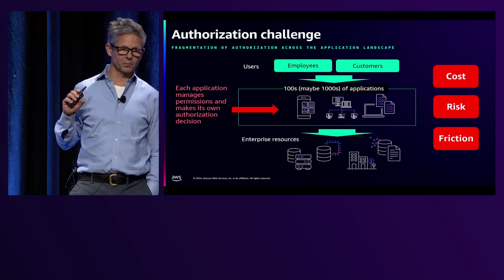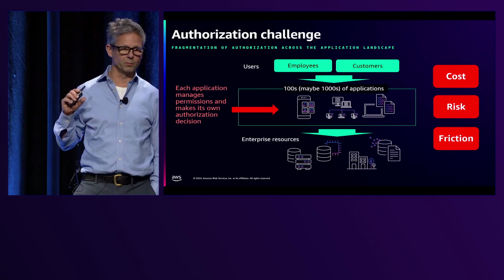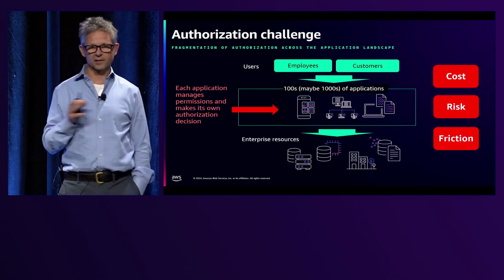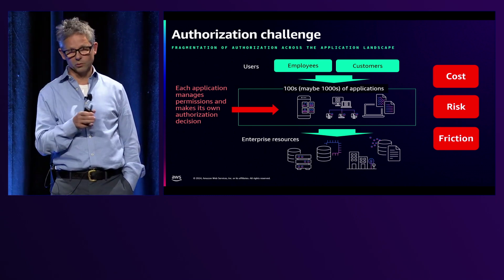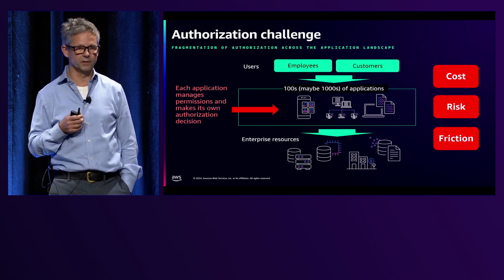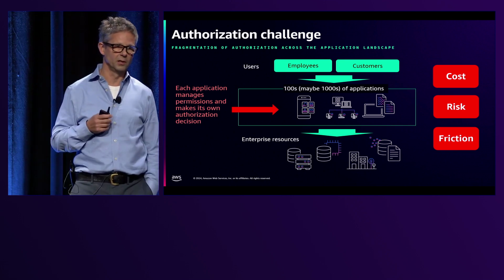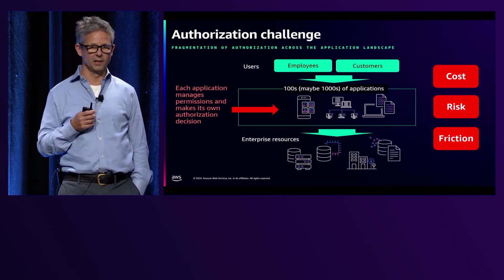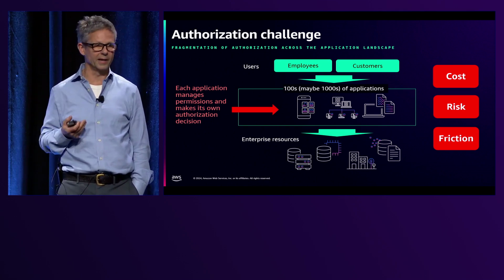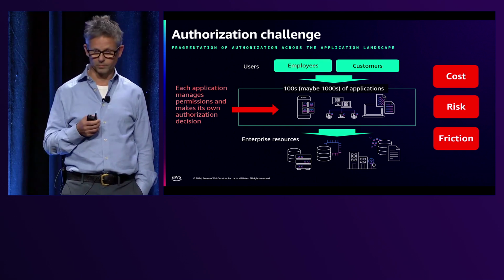From an audit perspective, it generates a cost problem because it becomes very costly to audit what access customers or users more generally have to resources across the organization. And if you're in a regulated environment, such as financial services, that's expensive to go through the process with your auditors of explaining who has access to what.